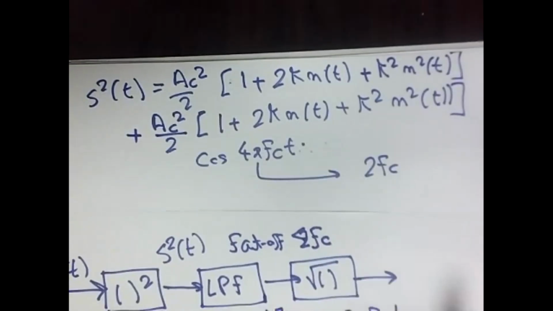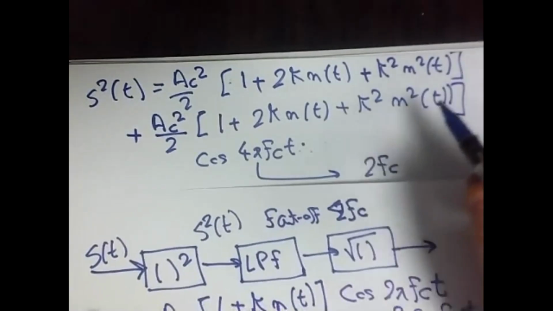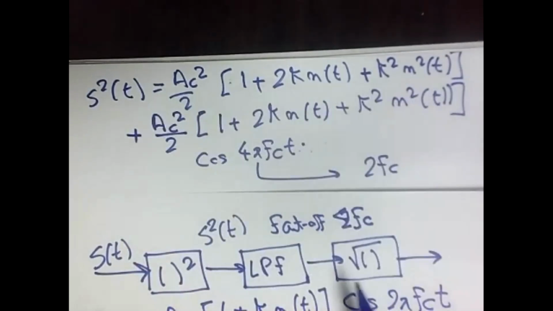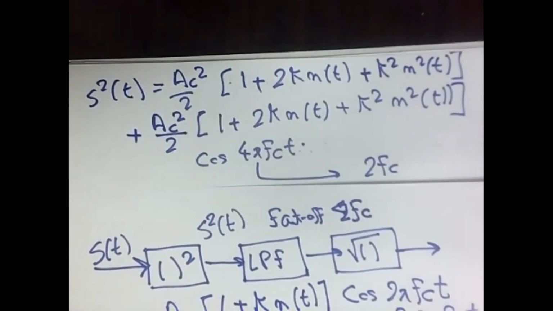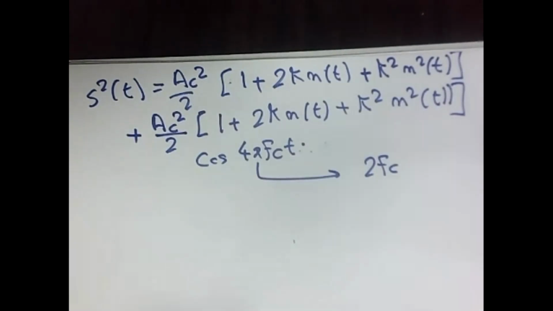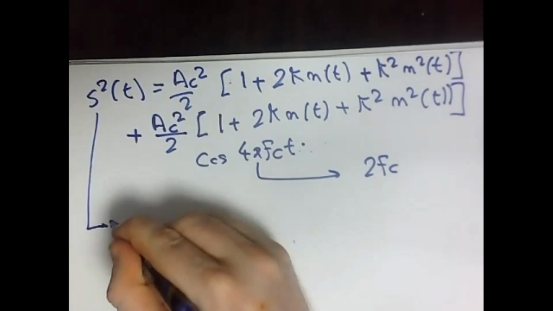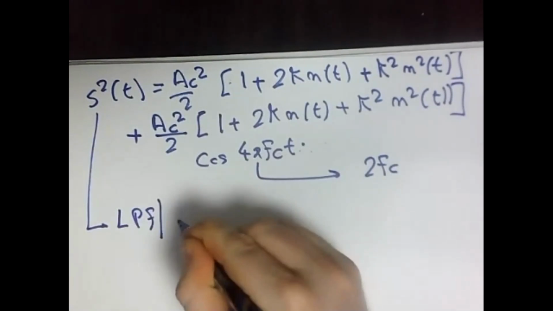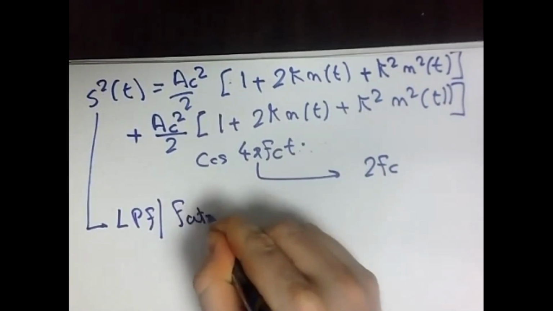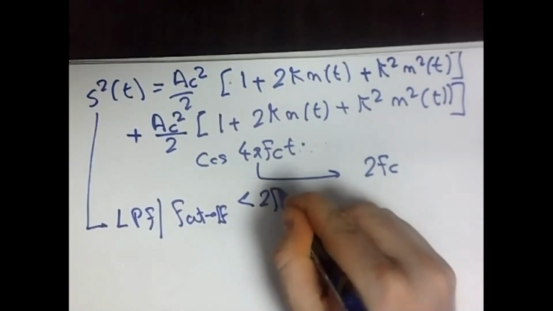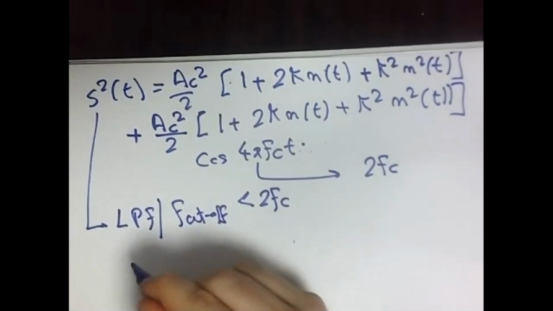Then you will reject this high frequency component and only pass this component. So after passing S square of t over a low-pass filter with cutoff smaller than 2fc, what we will get is something like that.